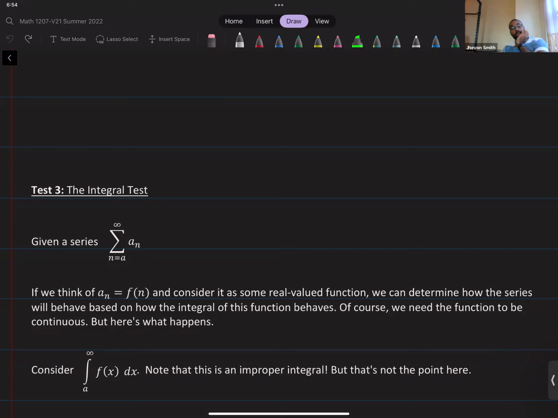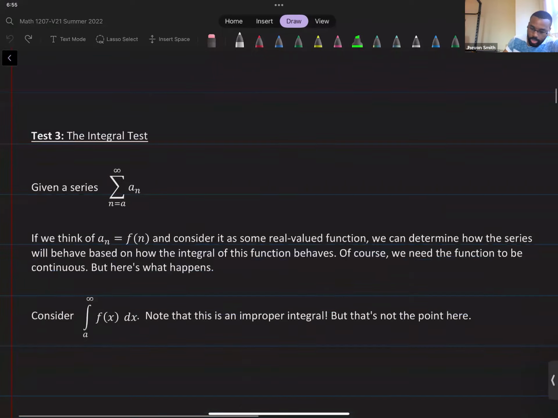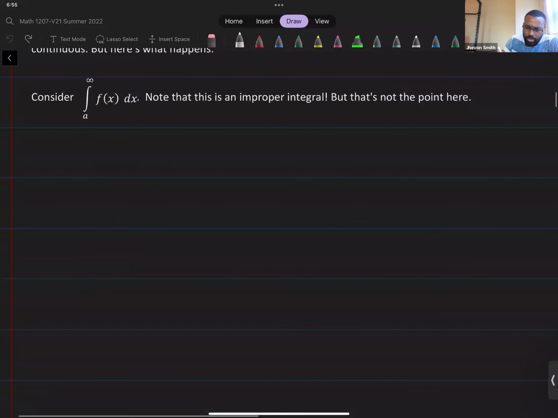Then it turns out we can actually use an integral to determine what will happen to the series. So like the series n equals a to infinity, we will instead consider the integral from a to infinity of the same formula, right? And it turns out you can use what this integral does to figure out what the series is doing.